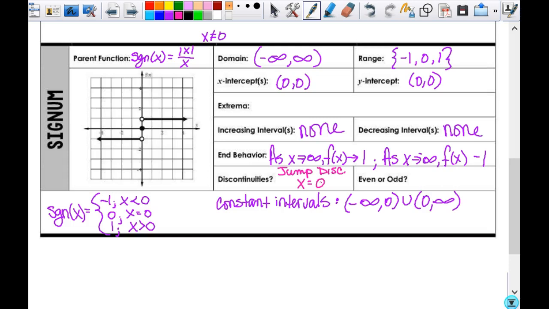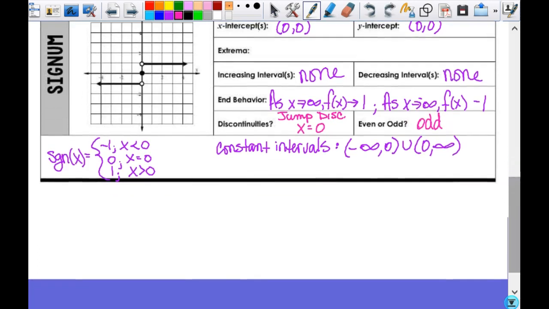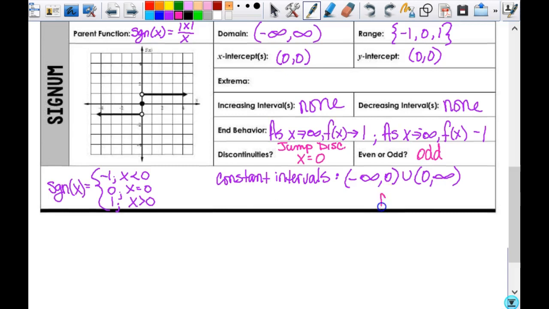It's odd, okay? It is odd because I can rotate it 180 degrees. Plus, if I substitute in that negative x, so f of negative x is equal to the absolute value of negative x over negative x. So that's the absolute value of x over negative x, and that is negative f of x. So it's odd. Okay, we good with all that?